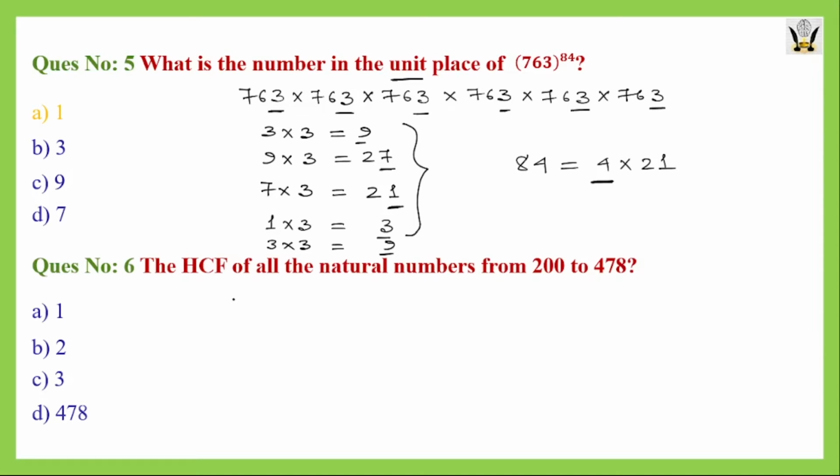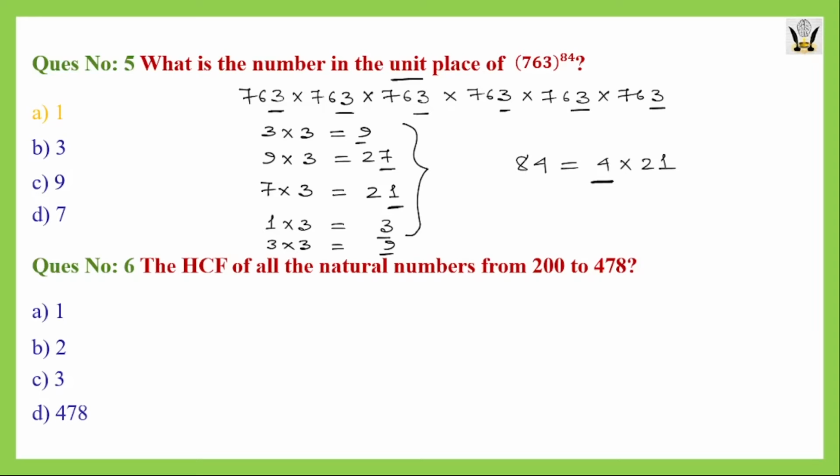Now the next problem says: the HCF of all the natural numbers from 200 to 478. HCF is the highest common factor. From 200 to 478 is also a big range. We have a total of 278 plus 1, that is 279 numbers.